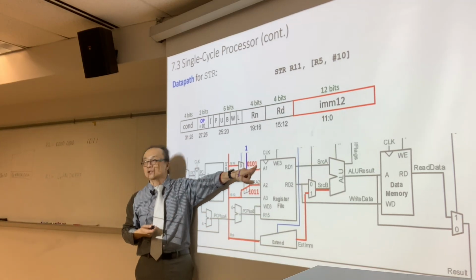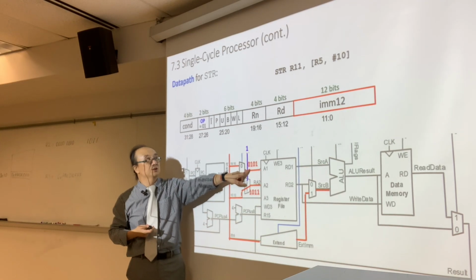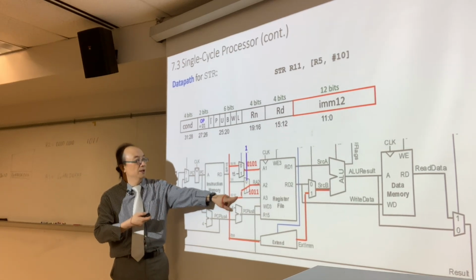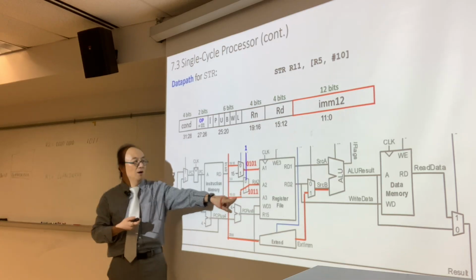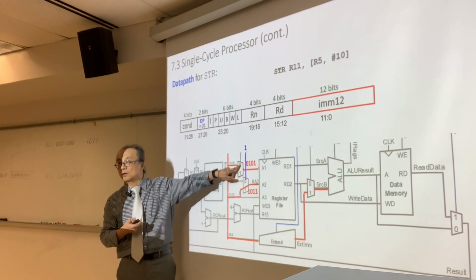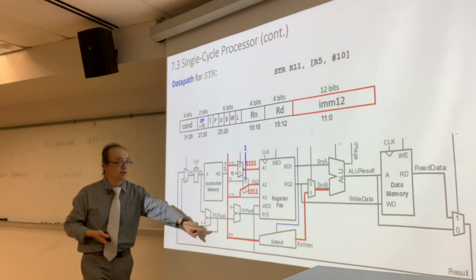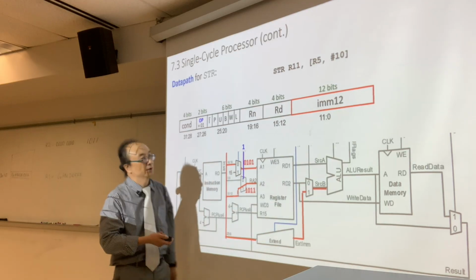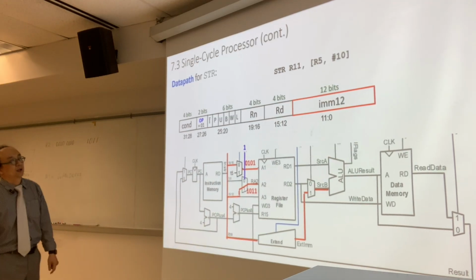So therefore, this one is 0101. We have RD 15 through 12. It's going to be 1011. And this mux is going to be 1. This mux is going to be 0. And we have the number 10 going through the extend unit. And right there, that's going to be our 10.